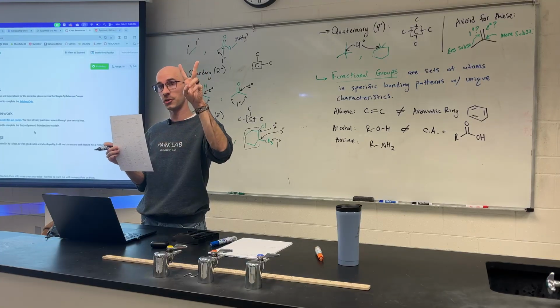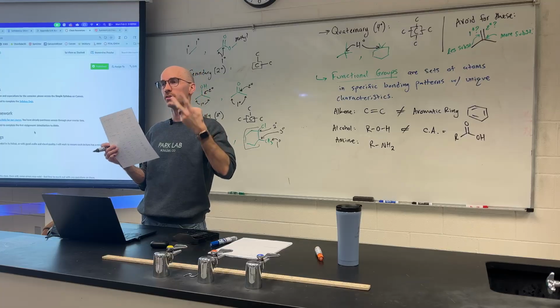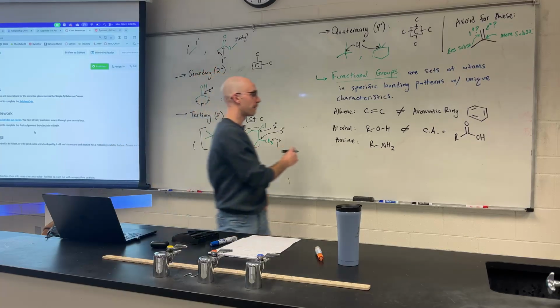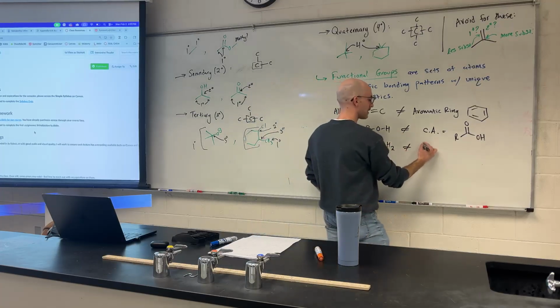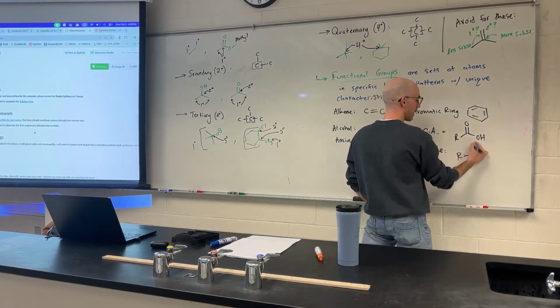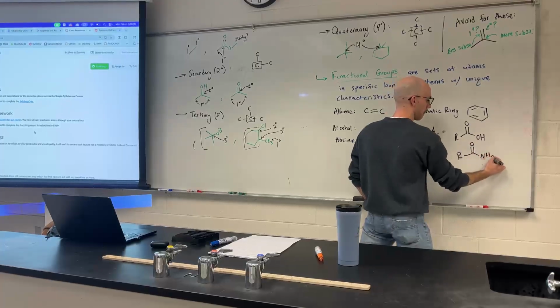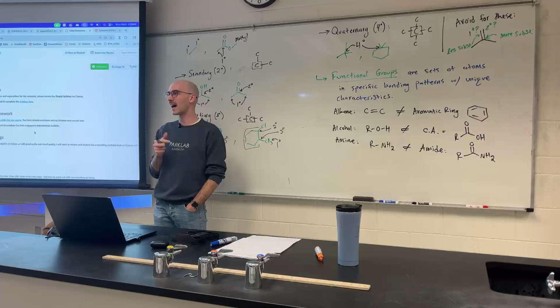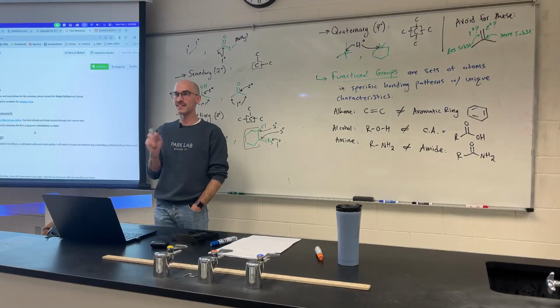Secondary amine has 2 carbon-nitrogen bonds. Tertiary amine, 3 carbon-nitrogen bonds. An amine is not the same and is not included in an amide. Those two have got to be the most challenging ones to keep straight because the difference in their name is 1 letter.